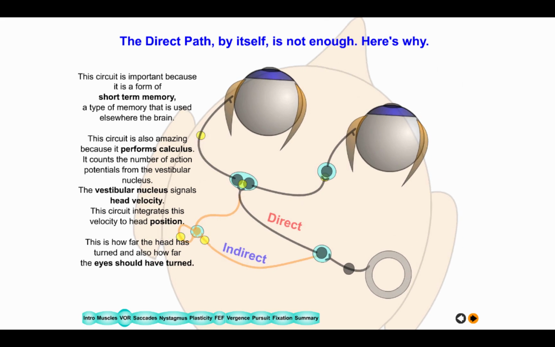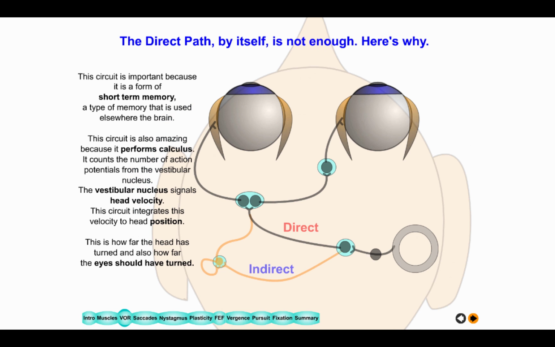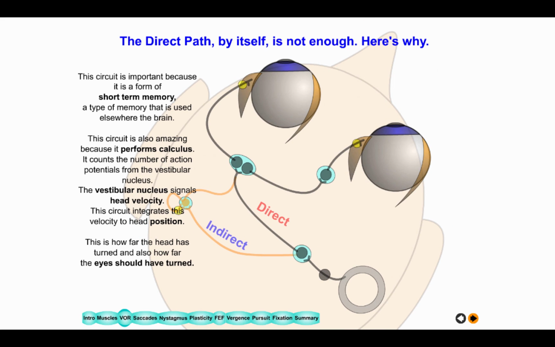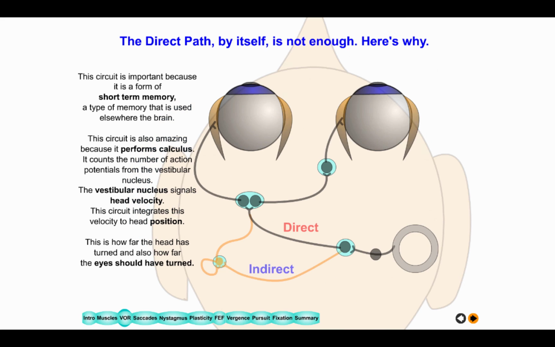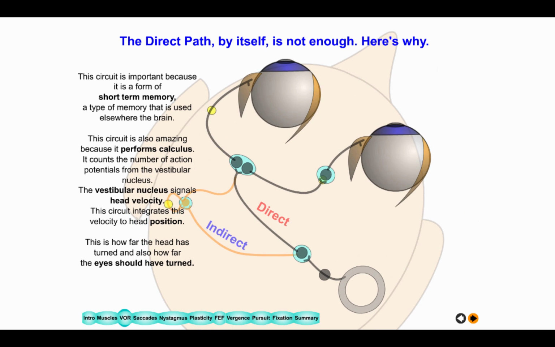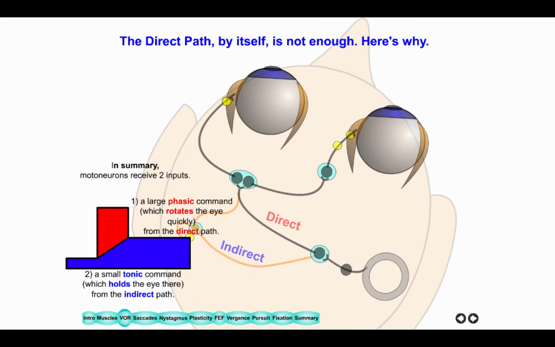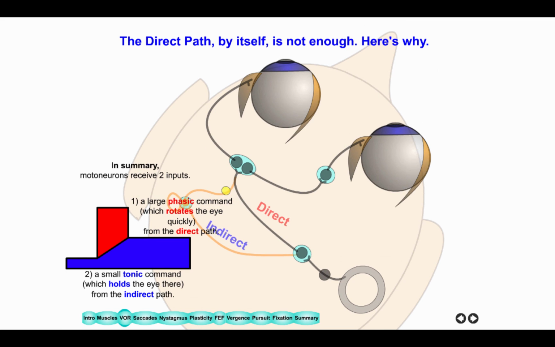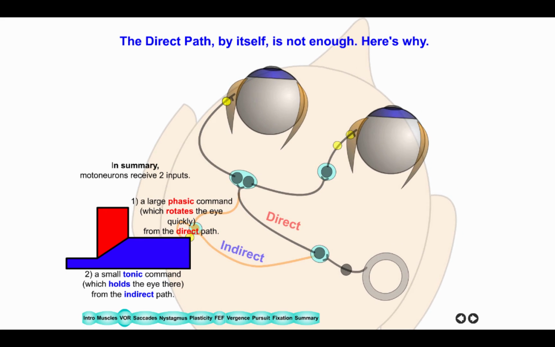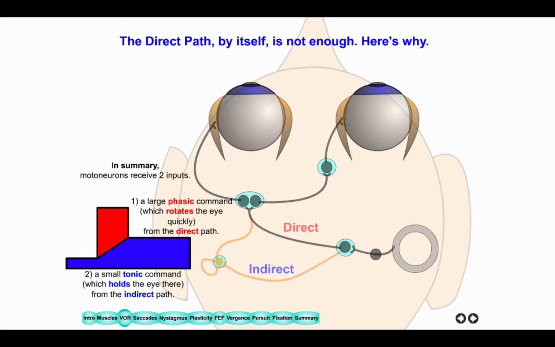You get the position to which the eye should have moved, and then that position is being held by this tonic activity, and so you can look at the person you were looking at before the turn began. Kind of a neat thing that your brain is performing calculus anytime you turn the head. So you have these two pathways, one direct, which moves the eye during the turn, and the other, indirect, which holds the eye in its final position after the turn is complete.